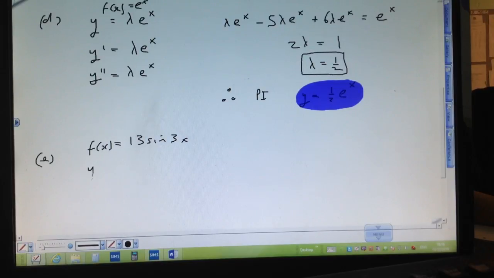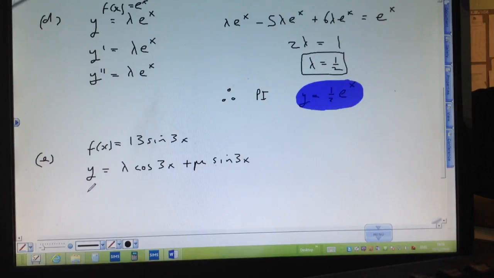So we're going to try y equals, and this can change, in the normal complex format, lambda lots of cos, and obviously the argument has to stay the same, so 3x, otherwise you couldn't compare it, plus mu lots of sin 3x.